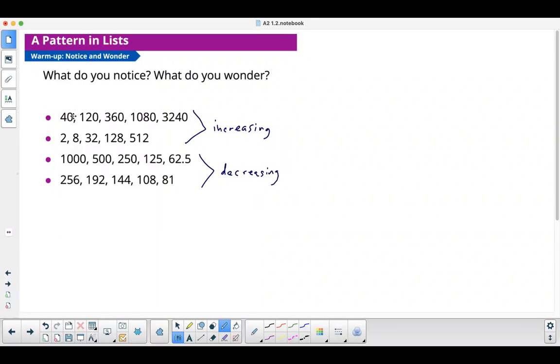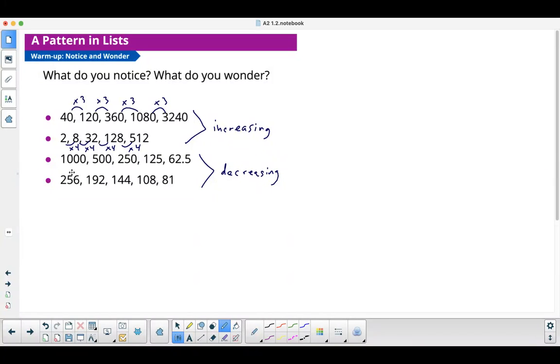You might be able to notice that you're multiplying, on I think all of them actually, times 3 on the first one. Second one would be times 4. Now it's very tempting on the next two to say divided by.